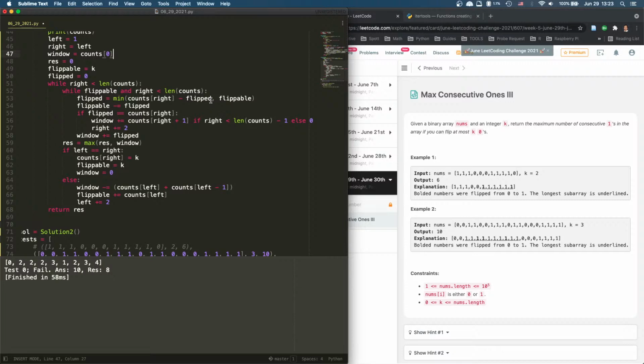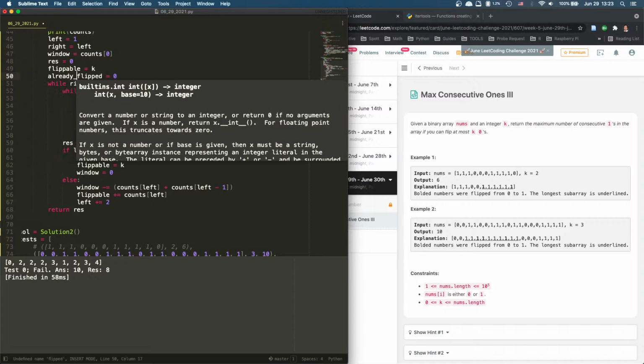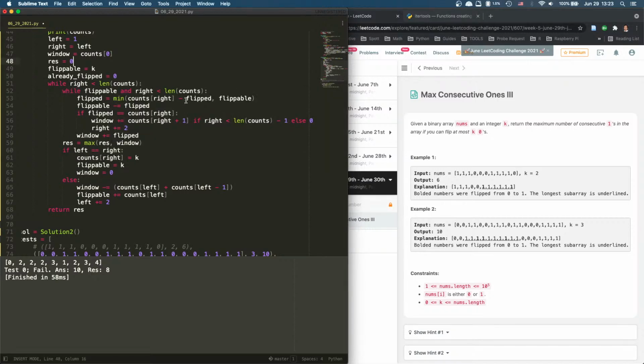So it should be already flipped, right? We call it already flipped, and already flipped is going to be 0. So with a minus already flipped, and this is current flipped.